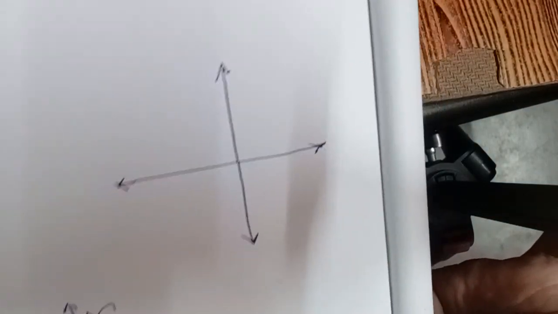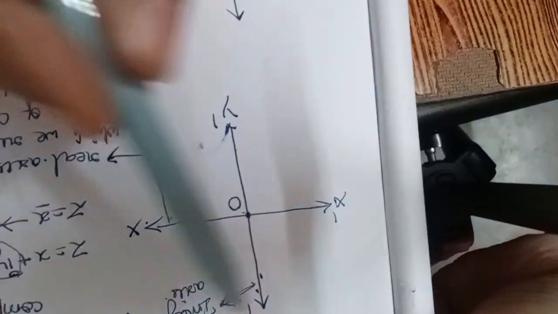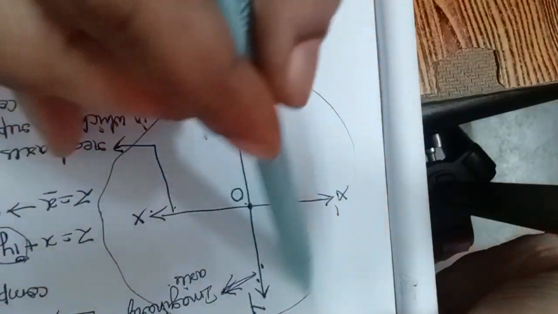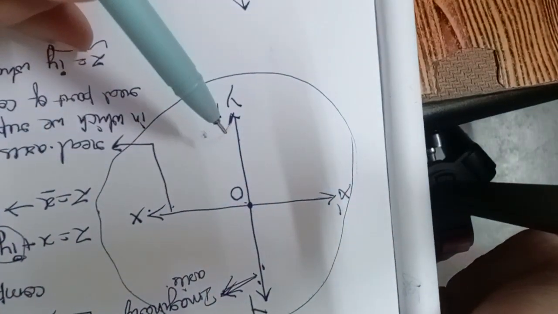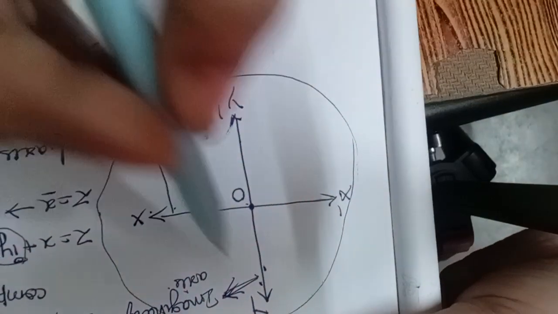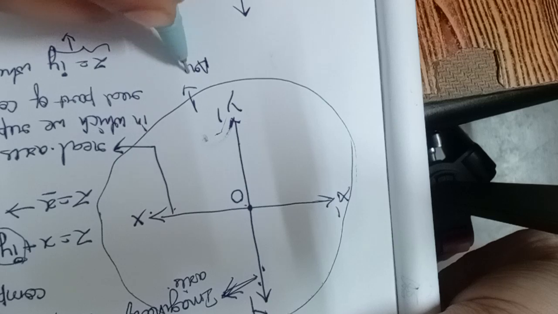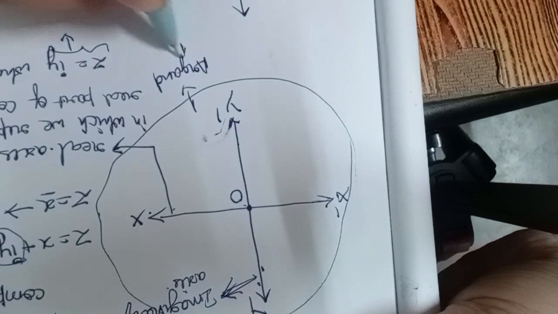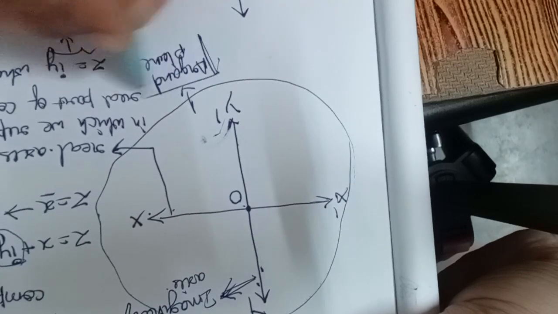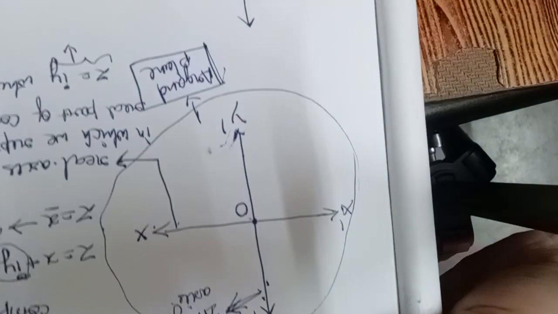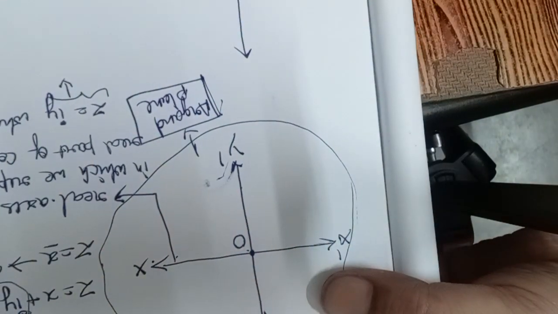In the earlier figure, I have drawn perpendicular lines, and this whole plane is called the Argand plane. We call that the Argand plane.